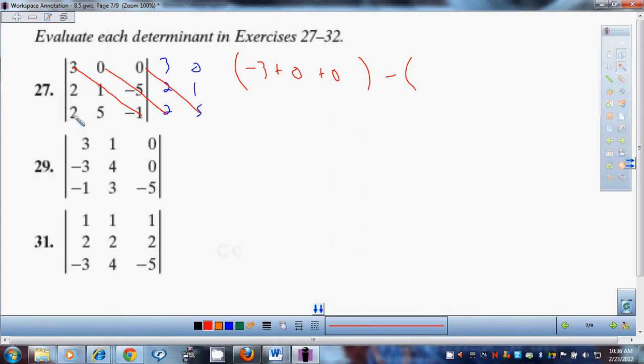Now you start in the bottom left and go upward. 2 times 1 times 0. 5 times negative 5 times 3, negative 75. Negative 1 times 2 times 0. So, negative 3 plus 75. And our determinant is 72. Same principles. If you get 0, cannot have an inverse or a solution to the equation.